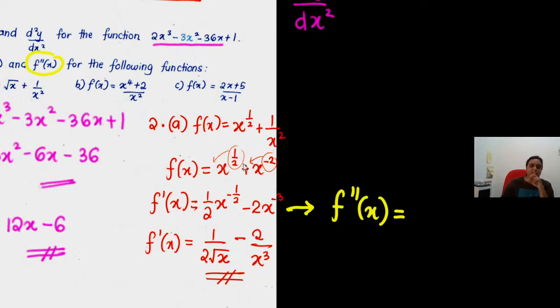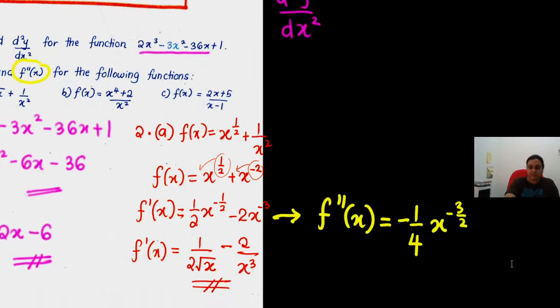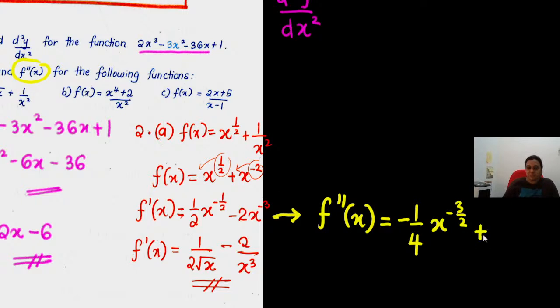So negative 1 over 2 times 1 over 2 is negative 1/4 x^(negative 1/2 minus 1, which is negative 3/2). Then from here negative 3 times negative 2 is positive 6 x^(-4).